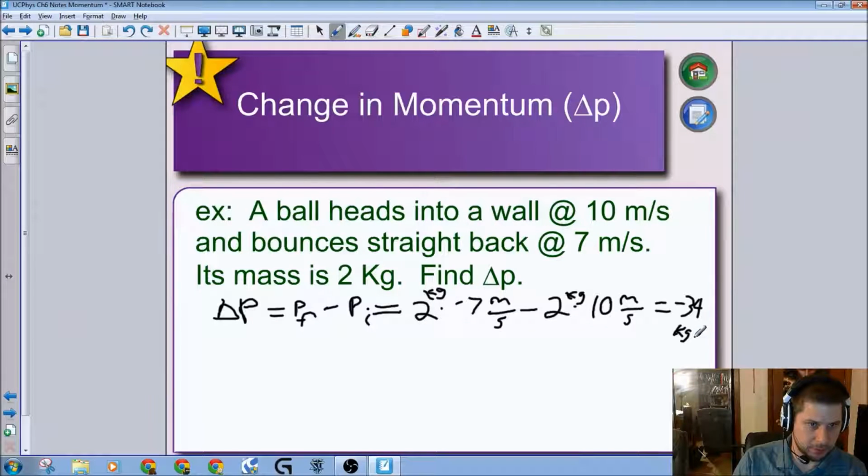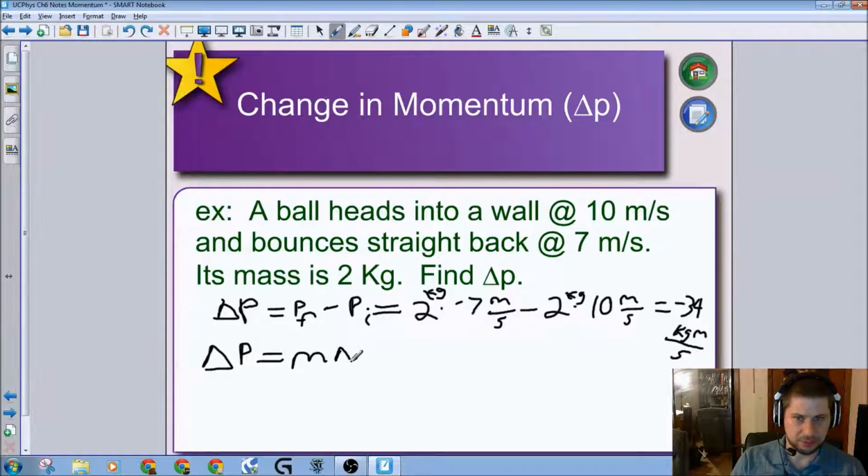Then what are my units? Kilogram meter per second. Now, sometimes we'll write change in momentum a little differently, but it really is the same thing. Change in momentum is m delta v. Why do we do that? Because the mass of the object didn't change, and if we look at our example above, we really could have factored that out. So let's do the math and see if we get the same answer.